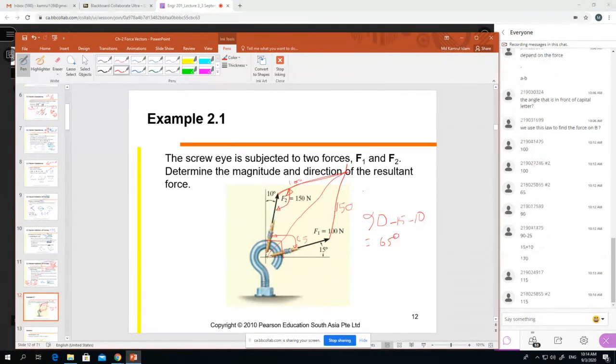If there is 65 and on the other side 65, then it will be 360 minus... how much? Let me calculate it. Yeah, 130. Divide it by 2. Okay, fine. The answer is correct.